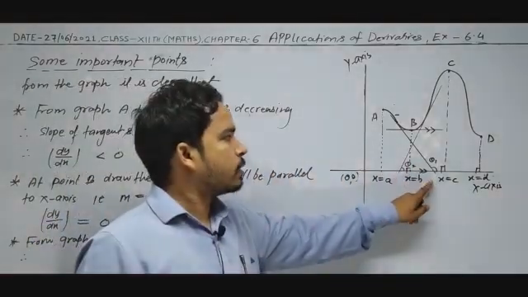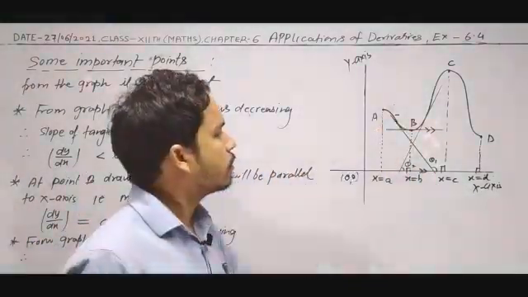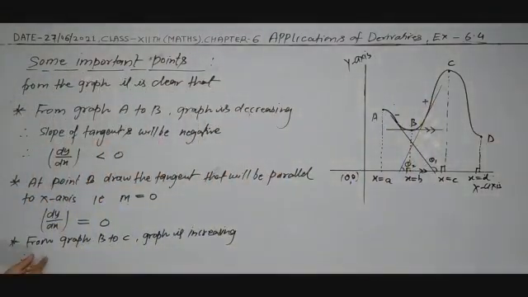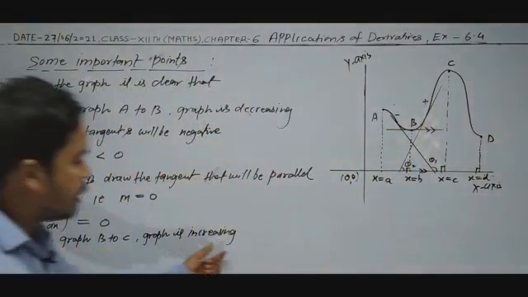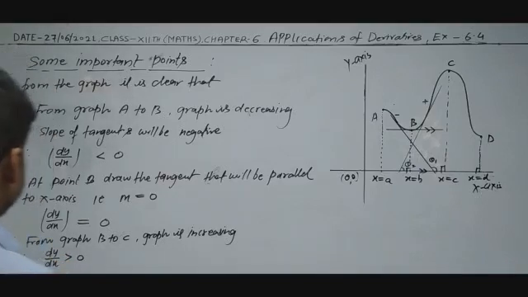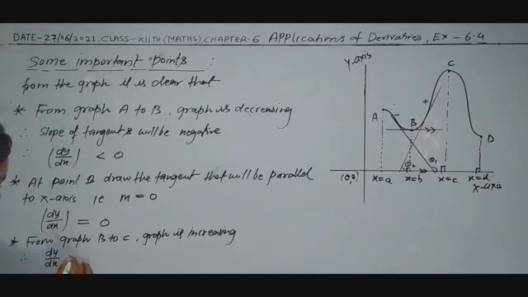An obtuse angle denotes tan theta will be negative. So this slope will be positive. So from B to C, the graph is increasing. Therefore dy by dx will be greater than 0. So these are the three conditions or 3 points.